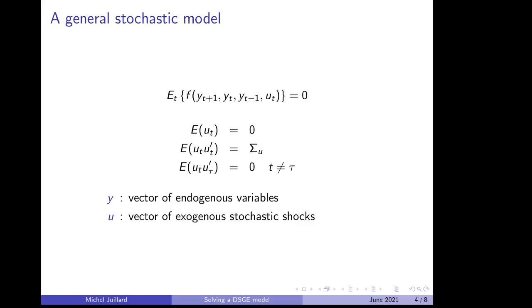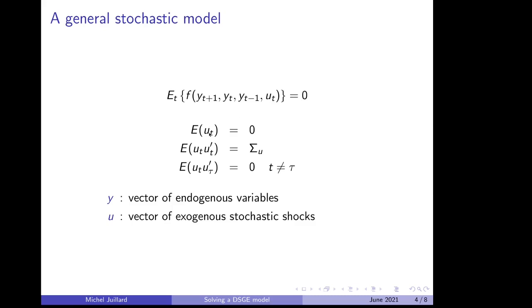We need to be more precise on the assumptions of our general stochastic model. So we have the conditional expectation of the function that is equal to 0. Now we need to make more precise the assumption about the random shock ut.